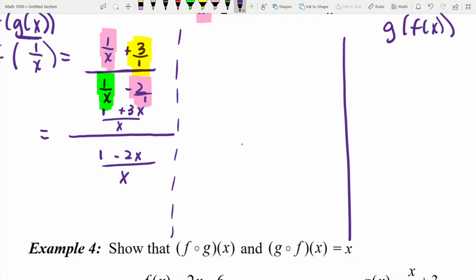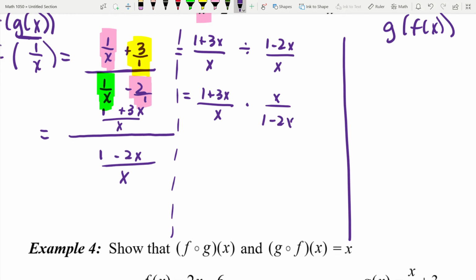So now what I'm going to do is I'm going to write it as 1 plus 3x over x divided by 1 minus 2x over x. So all I did is take that main division bar and wrote it as a division symbol. Now I'm going to write that division symbol as a multiplication symbol and flip the second fraction upside down.